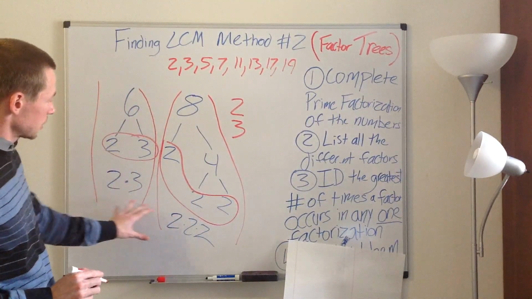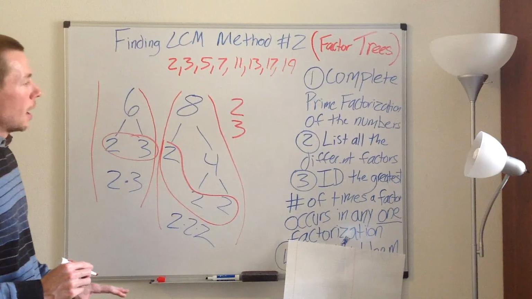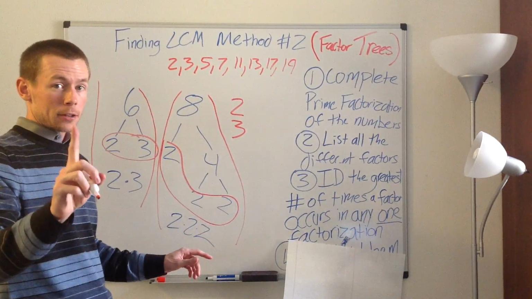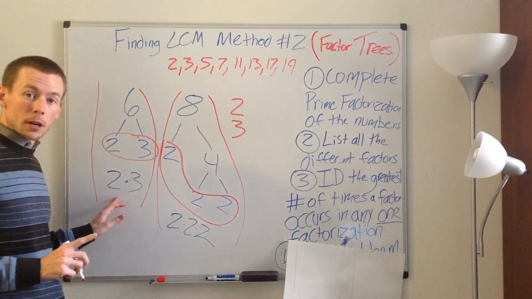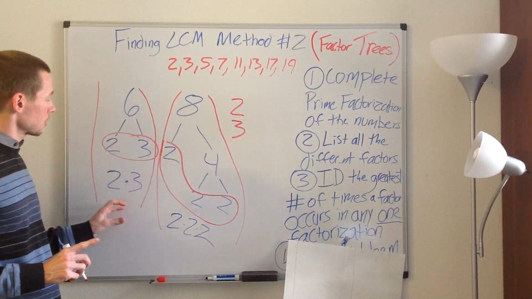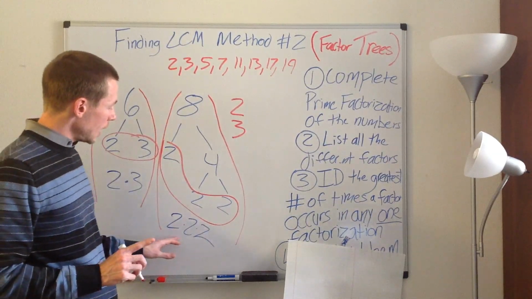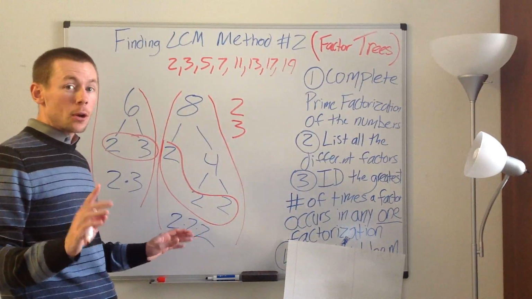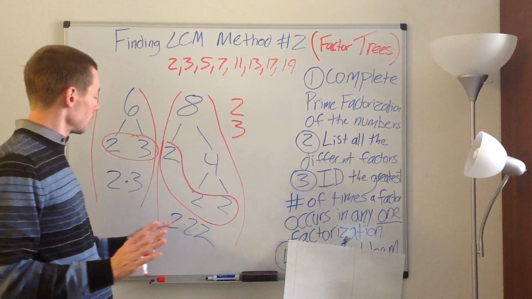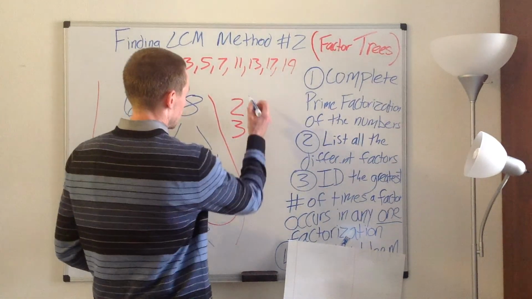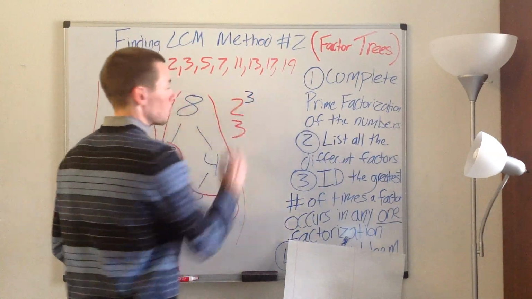So here's our 6, here's our 8. The 2 occurs in the 6 just once, but the 2 occurs in the 8 three times. So in any one factorization, the greatest occurrence of 2 is 3 times.